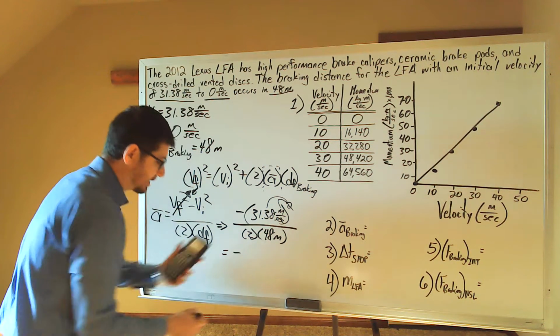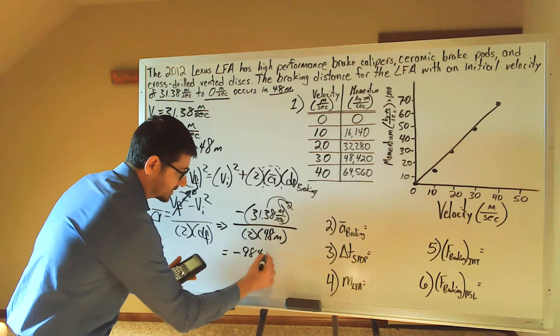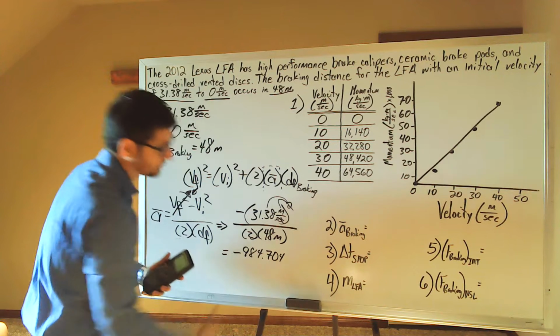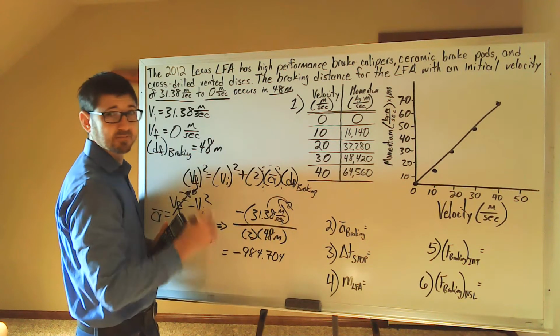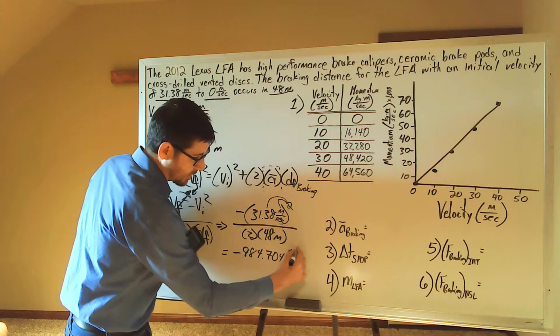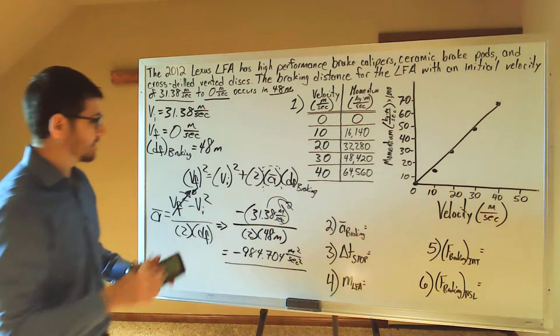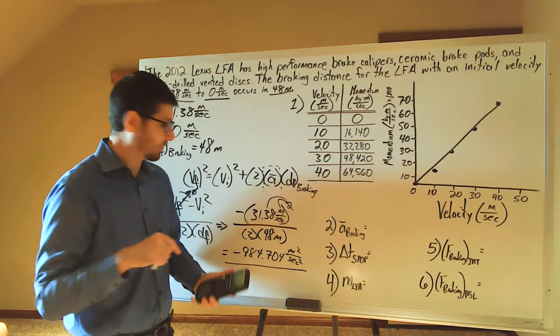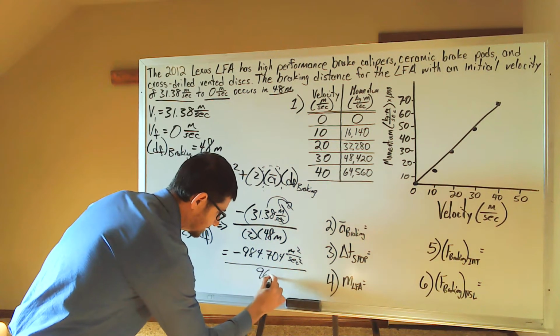So in my numerator, I have a negative 984.704. We're squaring meters per second, so that gives me meters squared per second squared. And in our denominator, we have 2 times 48 meters, 96 meters.